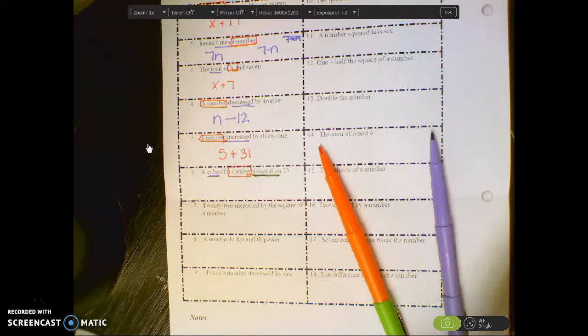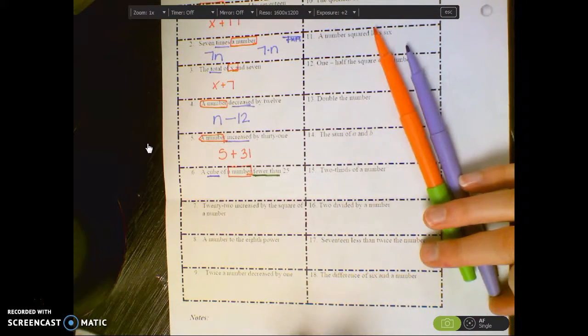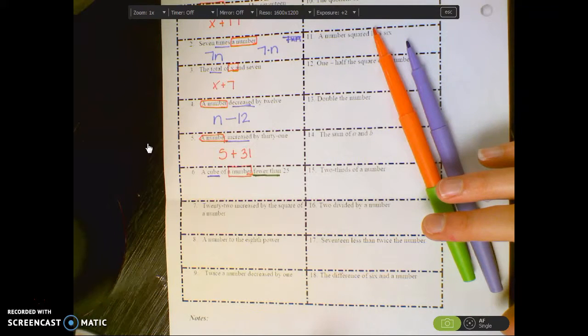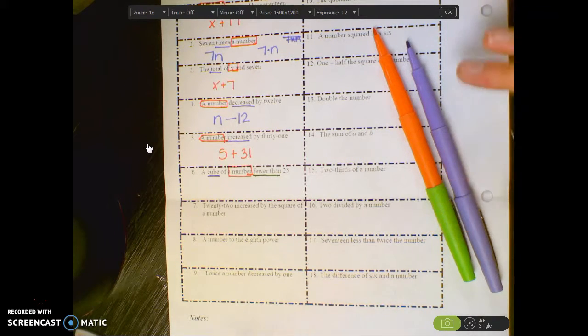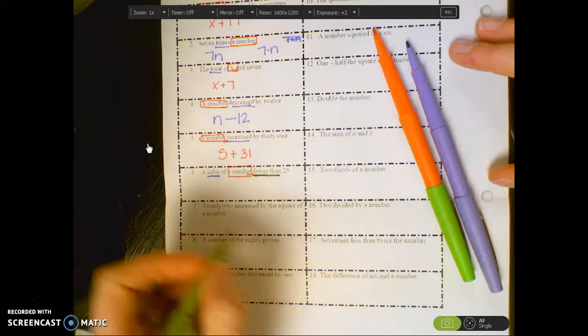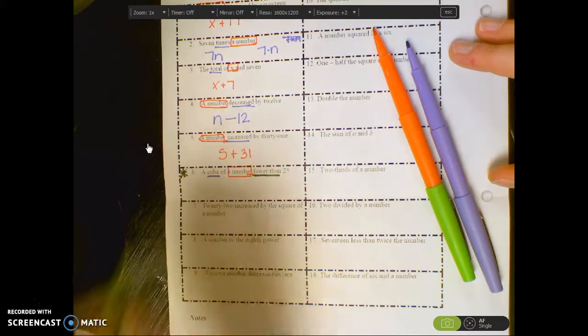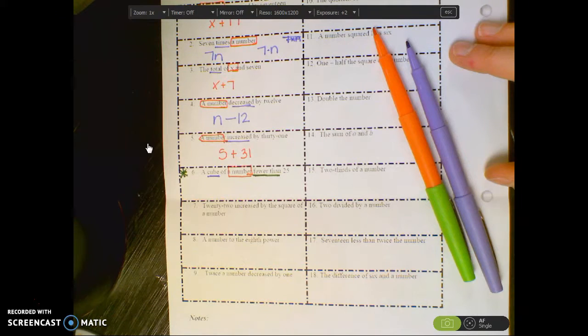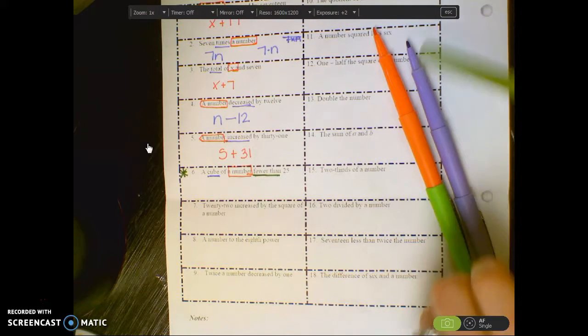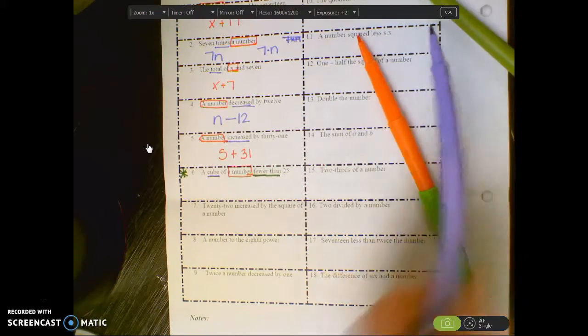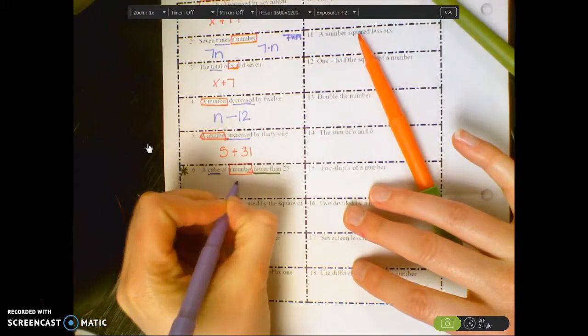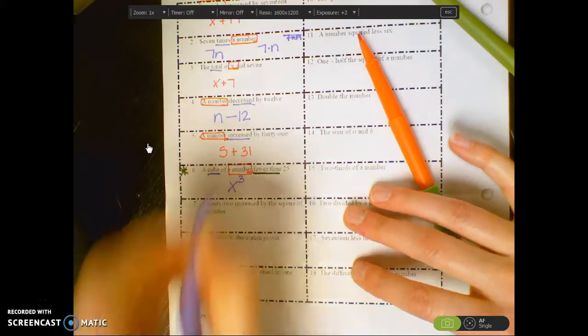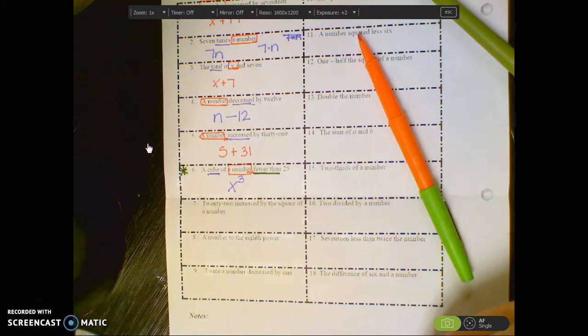So the one thing that you want to look for is anytime you're given fewer than. You may want to star this, it's a turnaround word, and I'll explain that in a minute. So the cube of a number, fewer than 25.